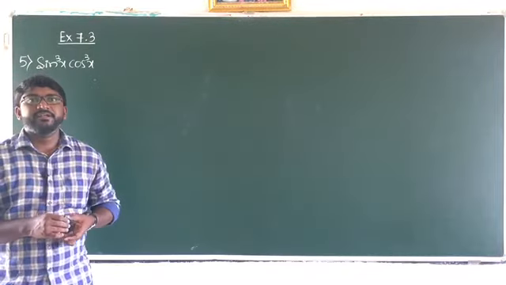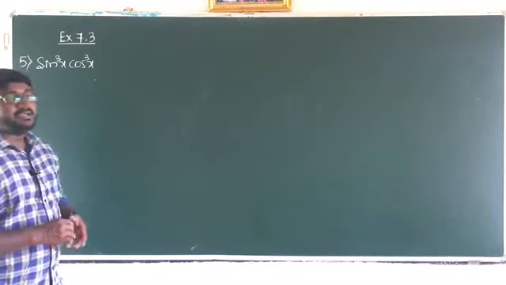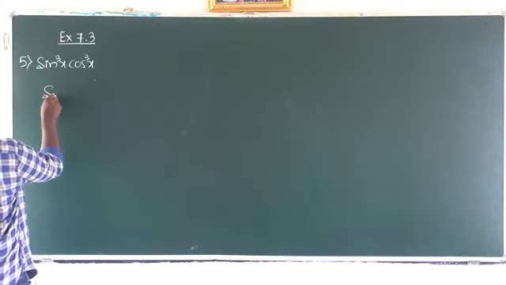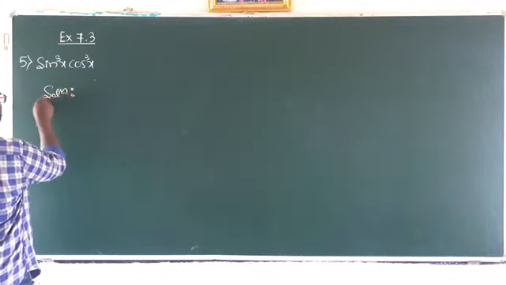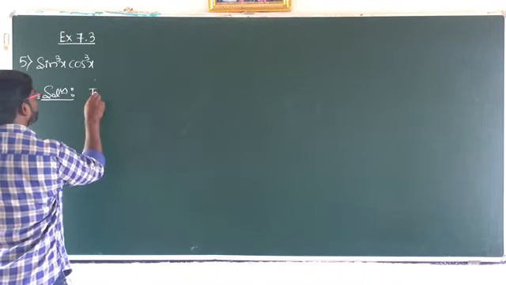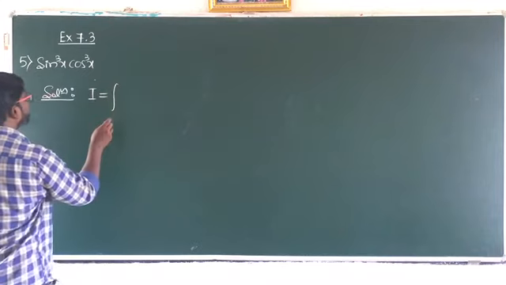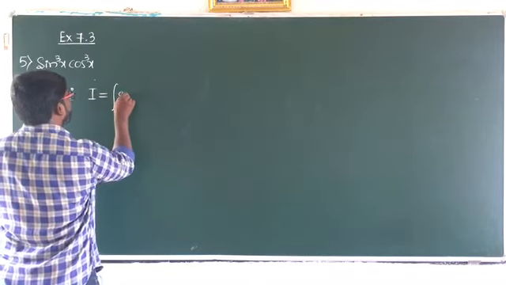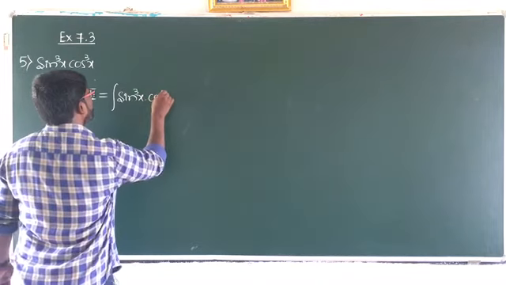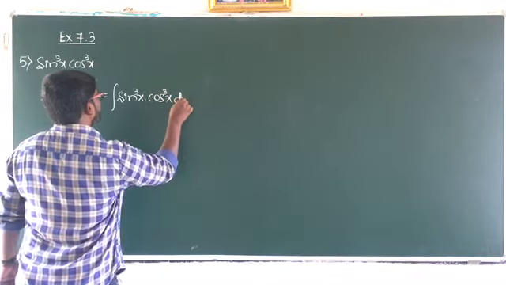Well, the fifth question, it is sin cube x into cos cube x. So let us solve this. I is equal to integral sin cube x into cos cube x dx.